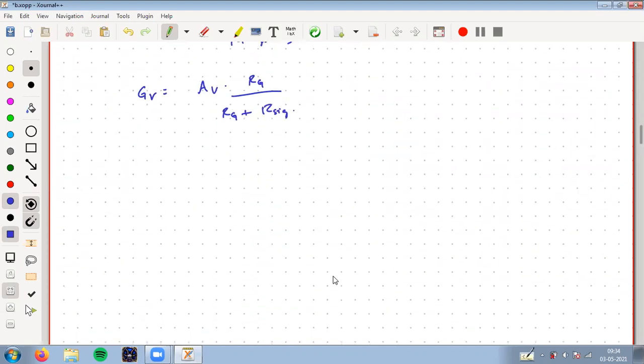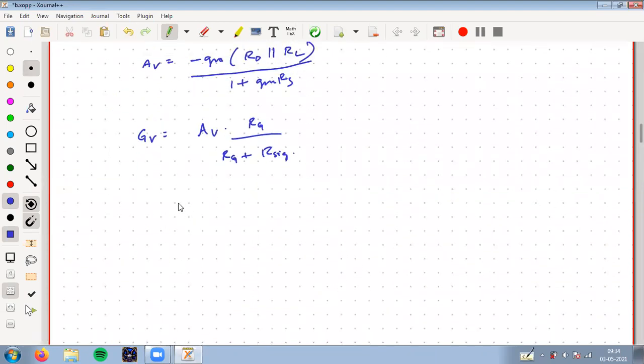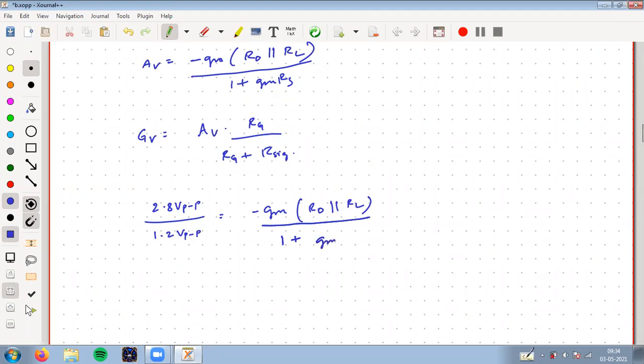So from this, GB, which is 2.8 volts peak to peak divided by 1.2 volts peak to peak, 3 times, equals minus GM into RD parallel RL, this is the gain, divided by 1 plus GM into RS, into RG divided by RG plus R signal.